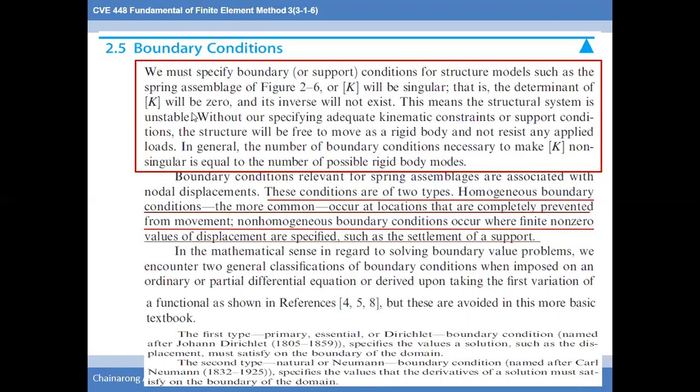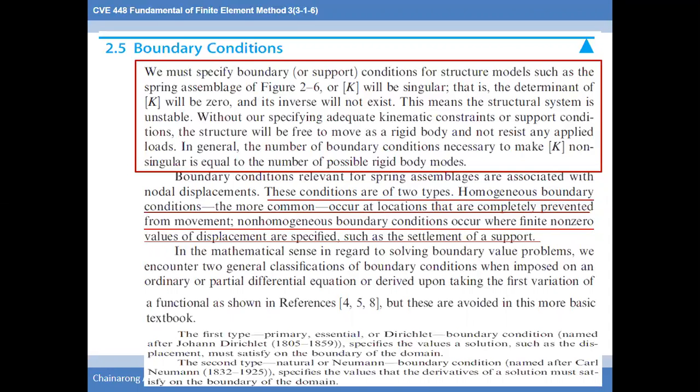So what does it mean? It means that we cannot find the solution, because we cannot find the inverse of this matrix, because it is a singular matrix.